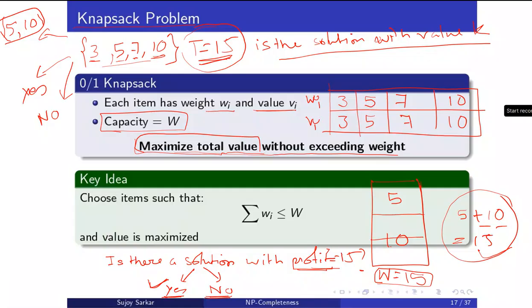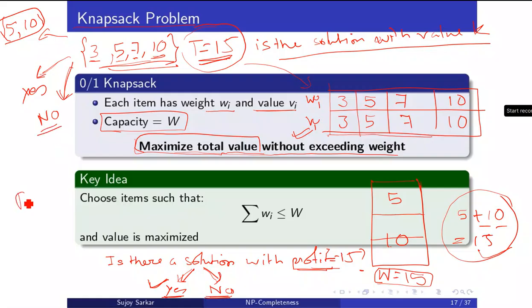So the thing is, we took a subset sum problem and converted it into a knapsack problem, and whenever this knapsack problem has a solution, the subset sum problem also has a solution. If the knapsack problem does not have a solution, the subset sum problem also does not have a solution.